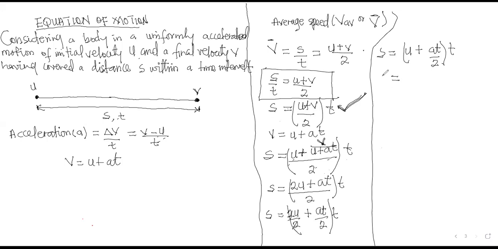The final thing is that I multiply through by the t, which is outside the bracket, and I have t times u, I have ut plus at over 2 times t, I have a t squared over 2.